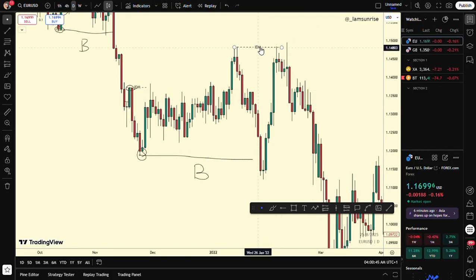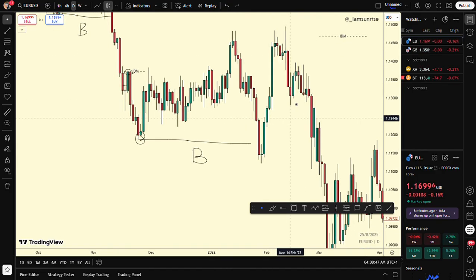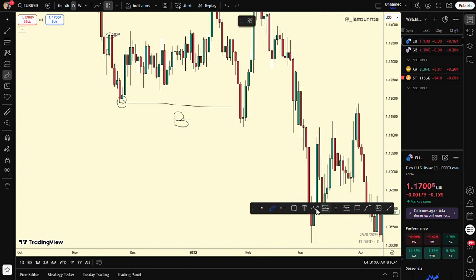Remember, before I mark inducement, there must be structure to the downside first, like a real break of structure, not a weak one. A candle must close below it.